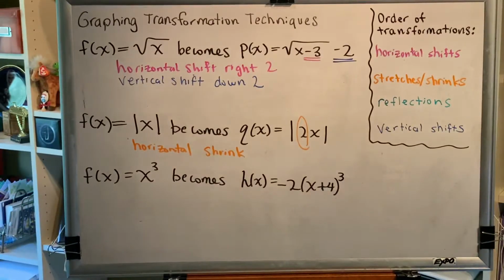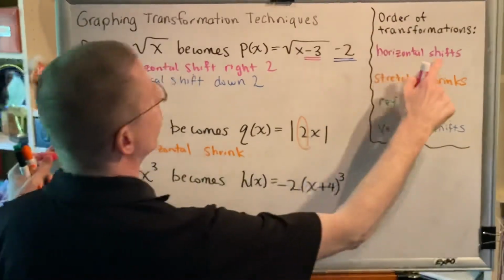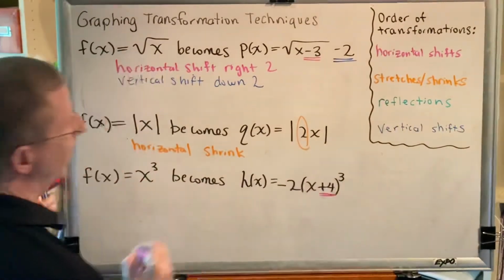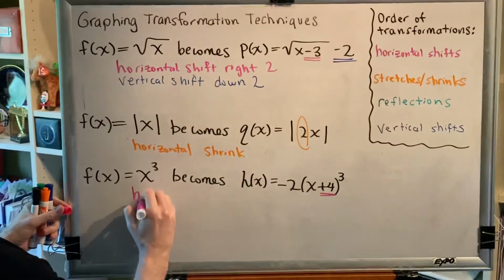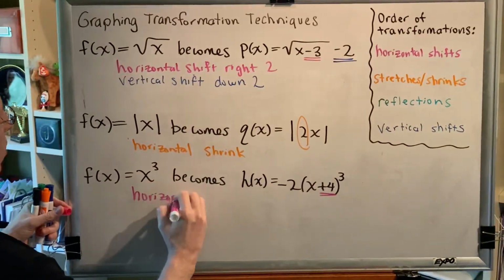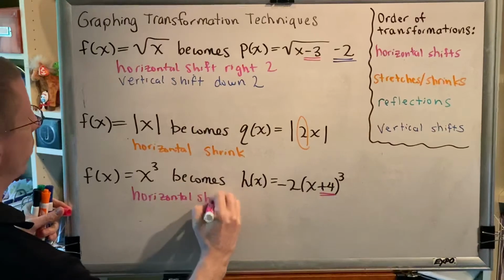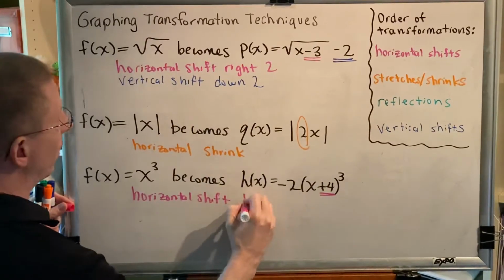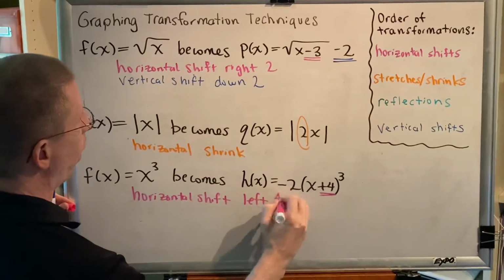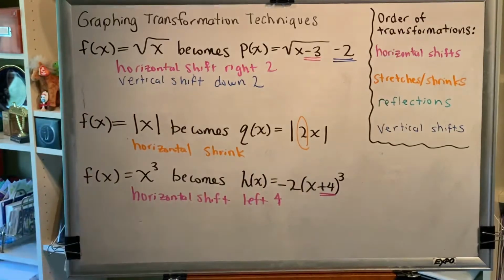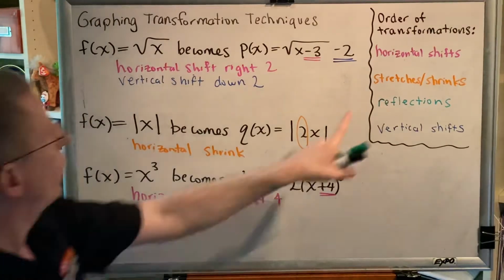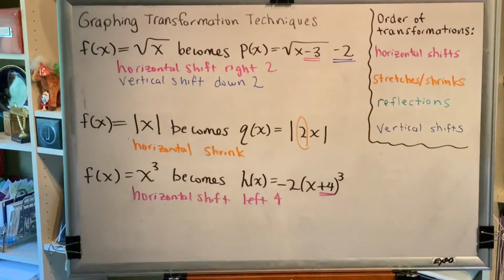All right, next one. This becomes that. First thing we look for is horizontal shifts. That's adding or subtracting inside close to x, which we do have. So we have a horizontal shift left 4. Okay, next. We're looking for stretching or shrinking. That's multiplication by a positive.